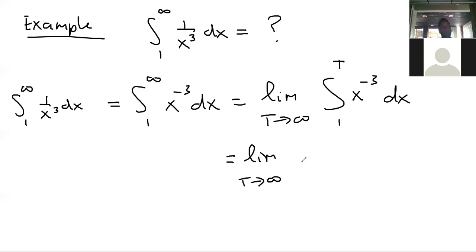You add 1 and divide by the new exponent. What's -3 plus 1? It's -2, so you end up getting x to the -2 over -2, evaluated from 1 to t.